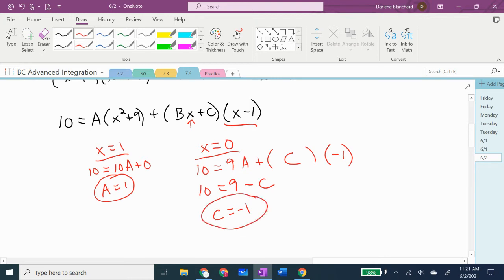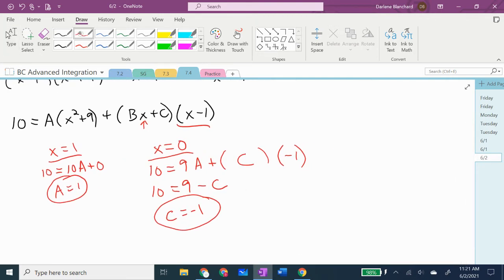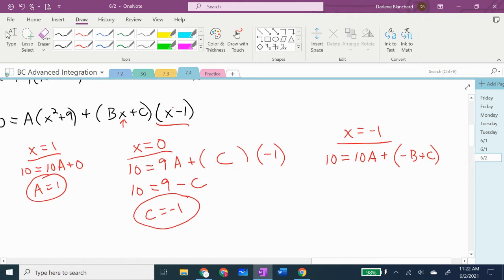And once I have 2 out of 3, then the third one is just about ready to be found. I can choose any number to plug in for x. I'm going to use negative 1 because it's nice with calculations. Going back to the equation, 10 equals, plugging in negative 1, I'm going to get 9 plus 1, 10A, plus parentheses, B times negative 1 plus C multiplied by negative 2.